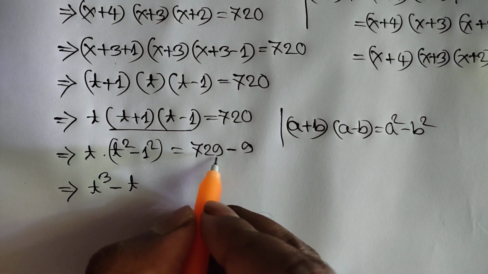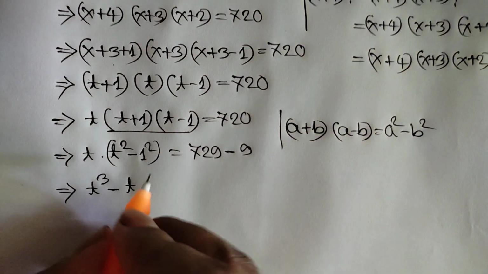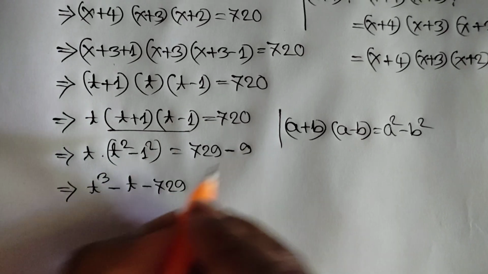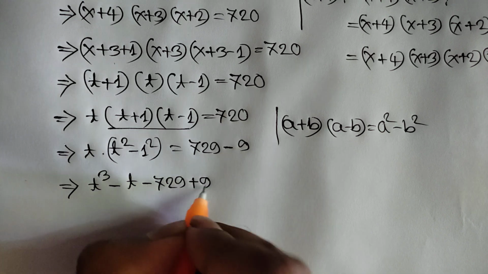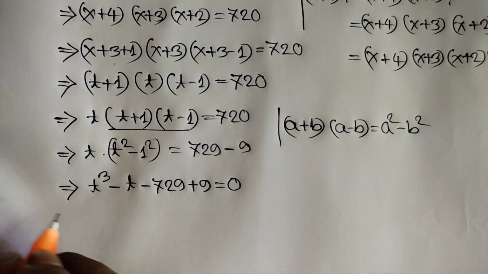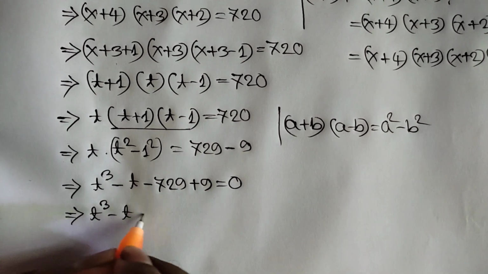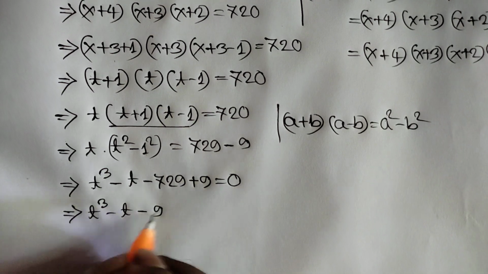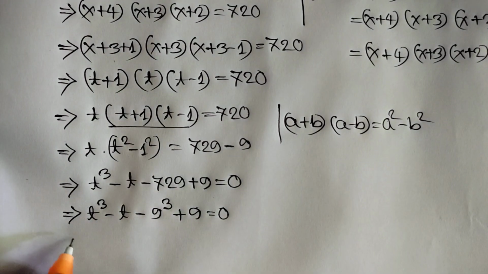And this 729 taking to the left side we can write negative 729, and this negative 9 taking to the left side we will get positive 9 is equal to 0, or t cubed minus t minus this 729 can be written as 9 cubed, plus 9 is equal to 0.